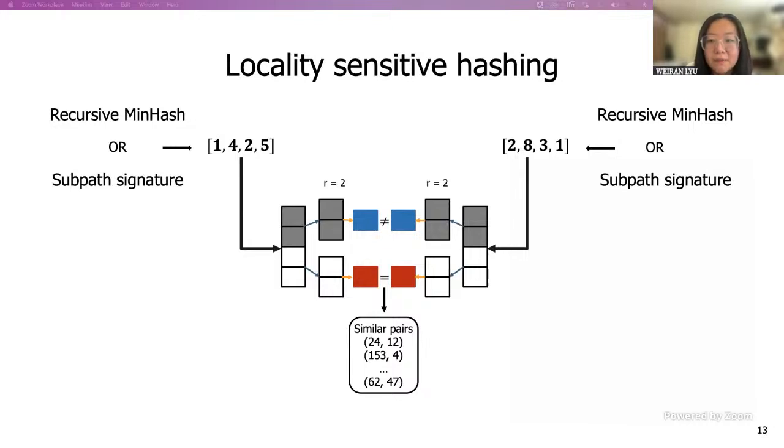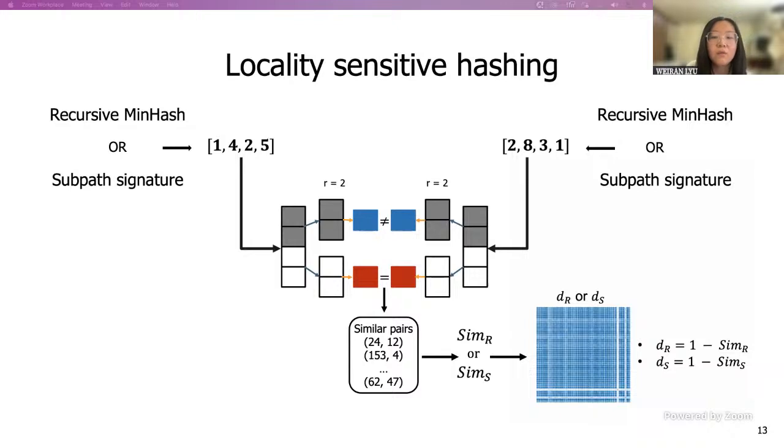The red boxes mean 2 bands collide, where we assign the indexes of these 2 merge trees as one similar pair. We generate sim-R or sim-S as binary matrices. We mark an entry as 1 based on the index locations of the similar pair. We then convert each similarity matrix to a distance matrix denoted as dR or dS.